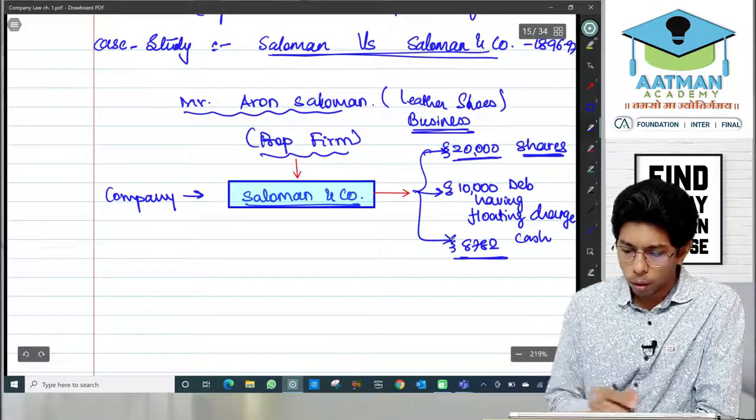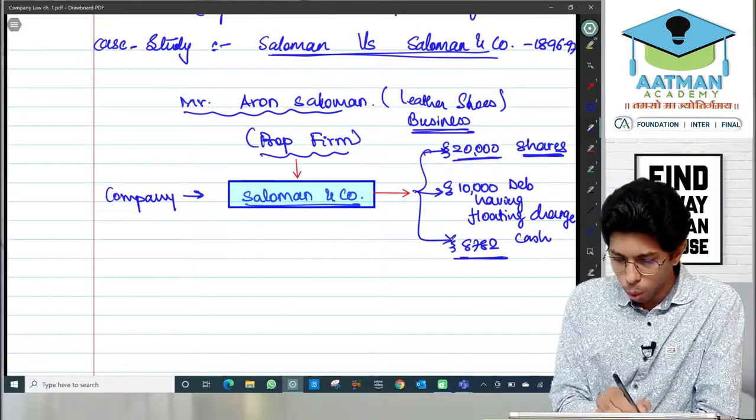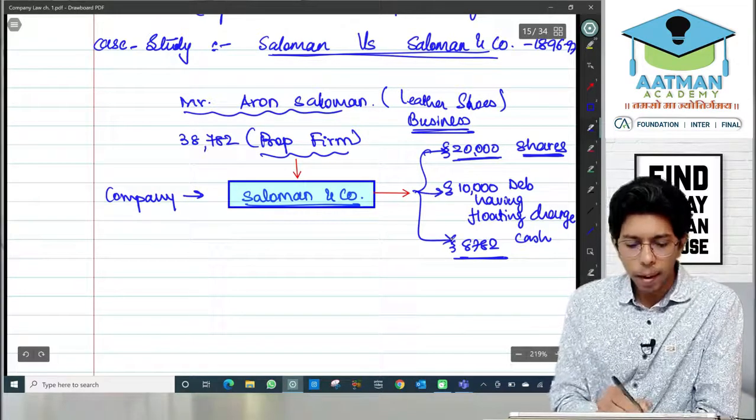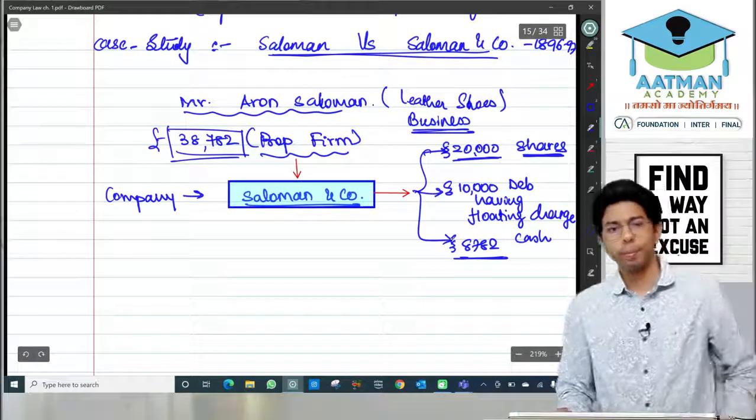So overall the proprietor's business was taken over by Saloman and Company with pound 38782.